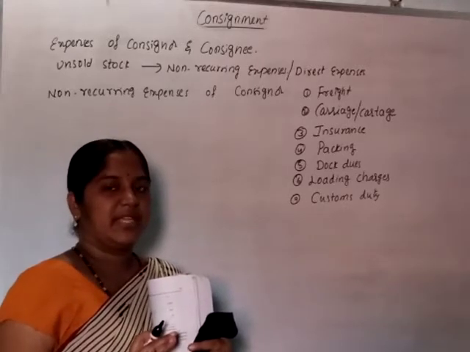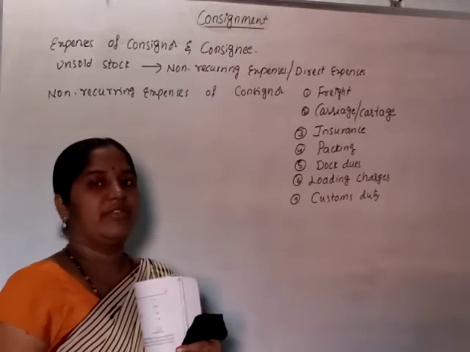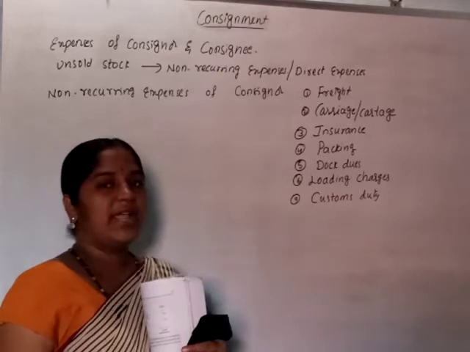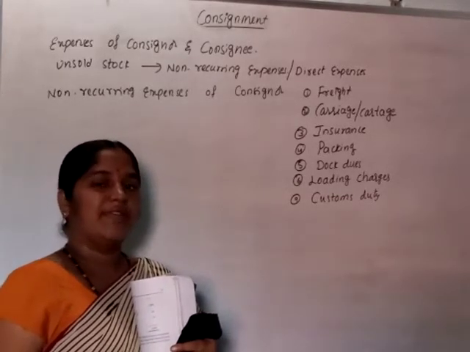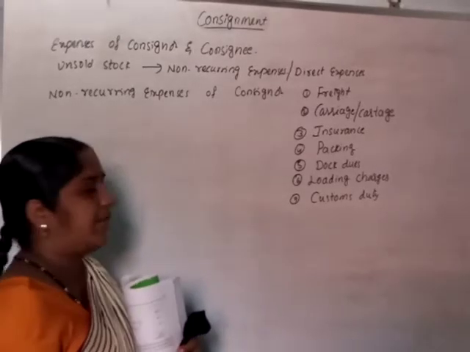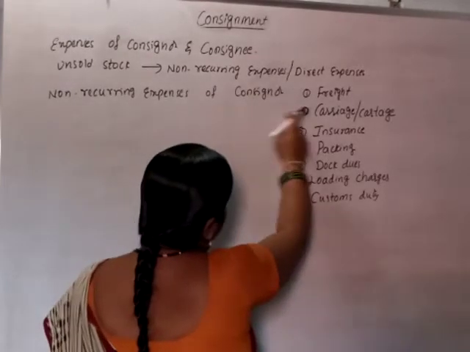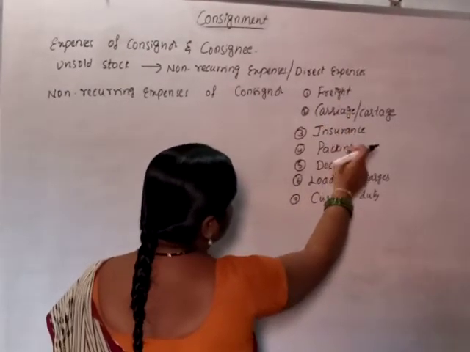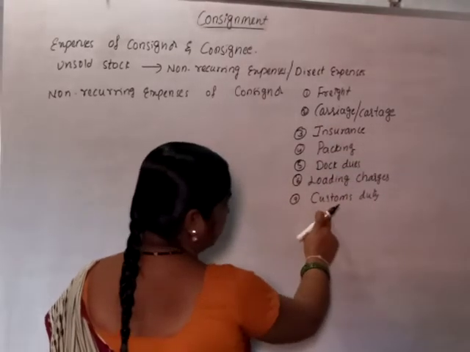Remember, once again I am saying, when you calculate the unsold stock value, first of all we consider only non-recurring expenditures of the consignor and the consignee. The non-recurring expenses of the consignor are freight, carriage or cartage, insurance, packing, dock dues, loading charges and customs duties.